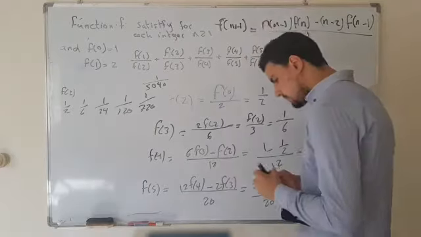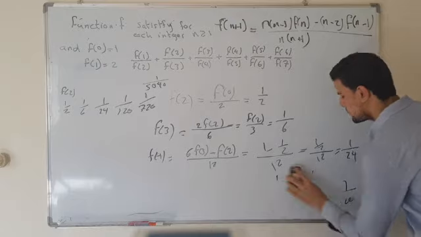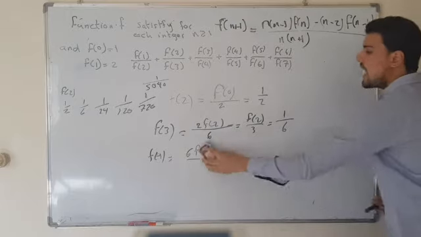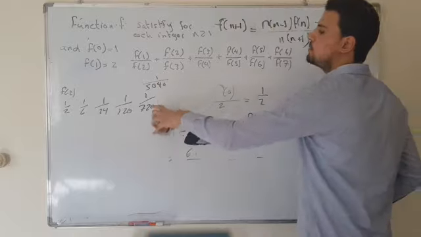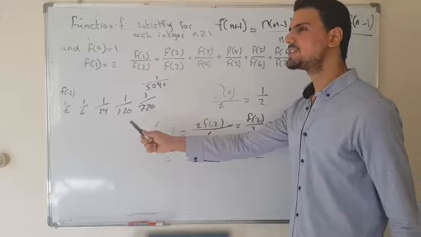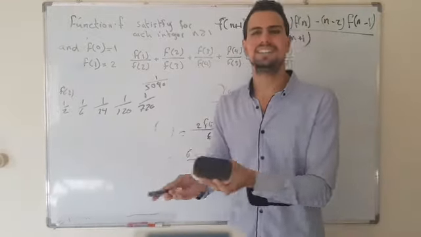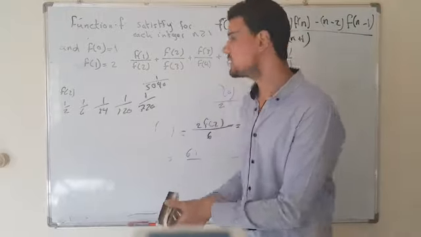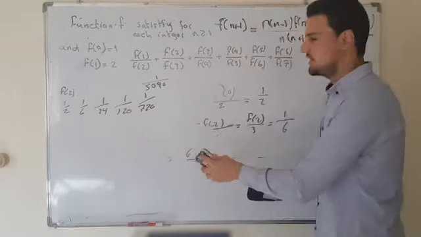How to be sure? As you can imagine, I have to compute f6. And as soon as I compute f6, I will see that it is 1 over 720. Of course it will be, because this suspicion is very strong. It's about 98% suspicion that the factorial is really involved in this equation.